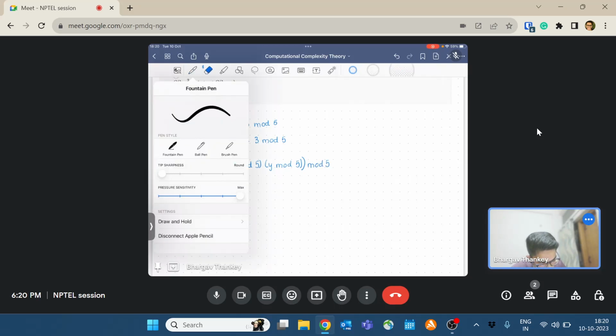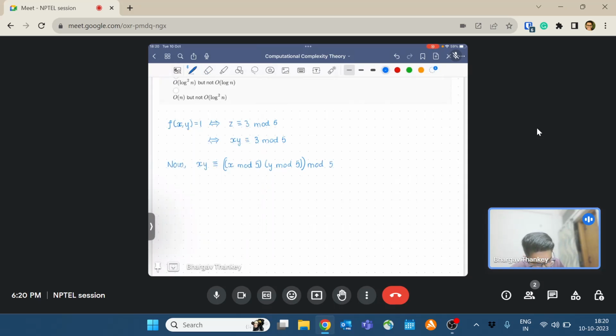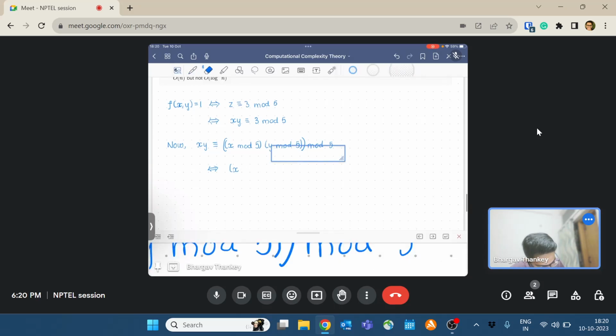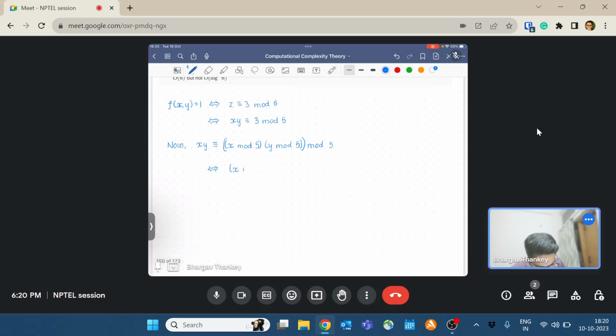So if I replace this in the above equation, I get f(x, y) is 1 if and only if x modified times y modified is congruent to 3 mod 5.